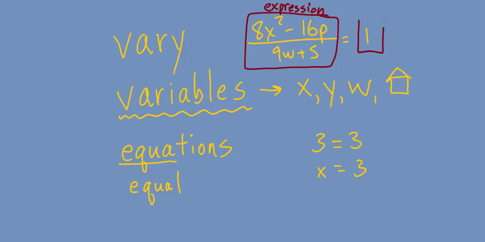That's an expression. That's an expression. Expressions are just anything mathematical that doesn't have an equal sign. But when I set two expressions equal to each other, now I've got an equation. That's really all there is to it. So let's go back to variables and equations and this whole change thing.